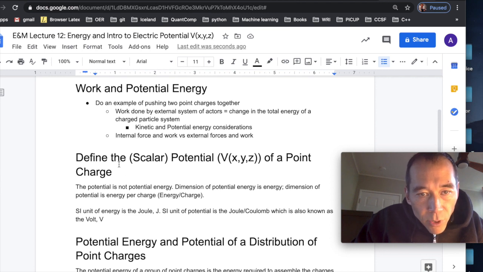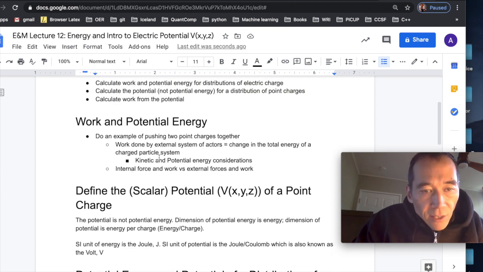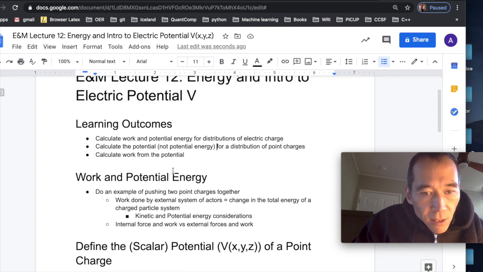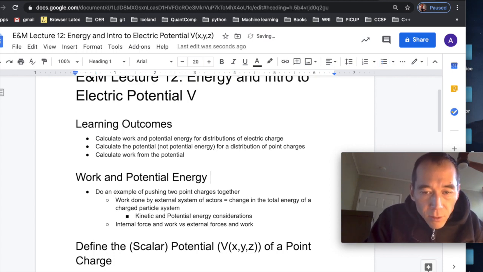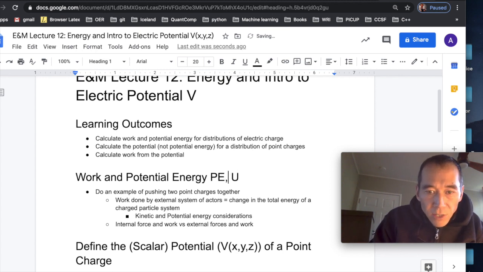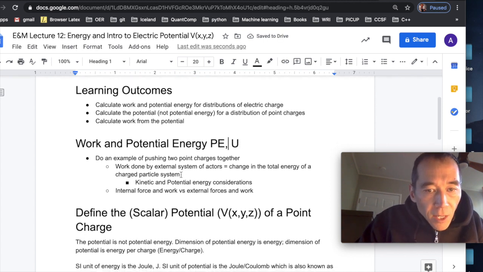We'll start off by talking about potential energy. So we're not talking about V in this case, we're talking about potential energy, or sometimes the symbol is U, and this is what I'm going to use as a symbol. And we're going to imagine this in the most basic, simple way.